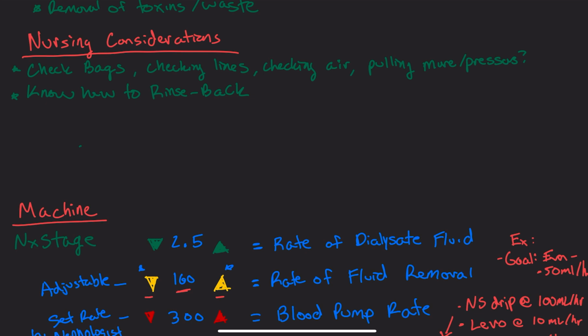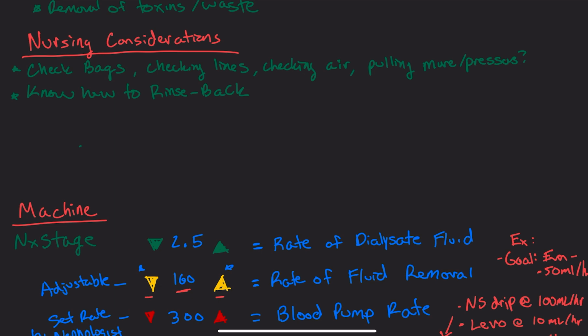So you always need to know how to rinse back. This prevents the patient from losing blood. The amount of blood in the circuit varies; with the Nextstage, it's normally around 191 to 210 mLs of blood. That's especially important if your patient's hemoglobin, hematocrit or platelets are already pretty low. You don't want to be losing any more blood, right?